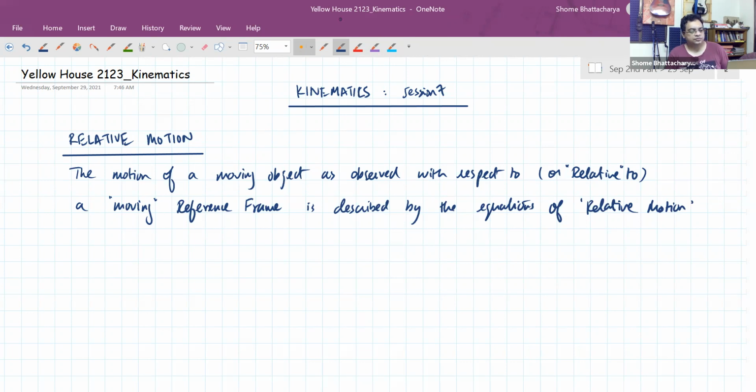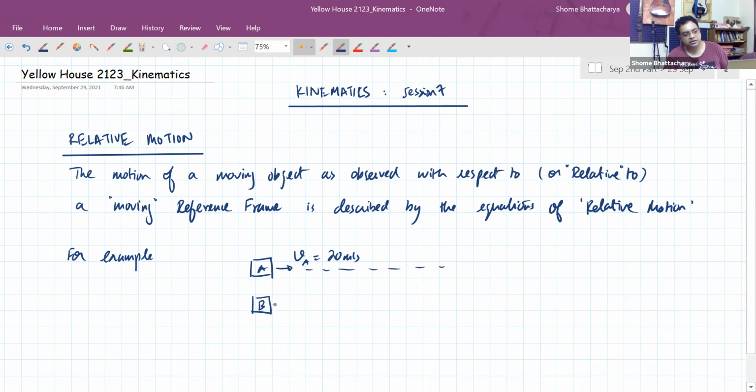So for example, if you look at a situation where one object is moving at a speed of 20 meters per second along a straight line like this, and another object going past it, moving parallelly, but at a speed of 30 meters per second.